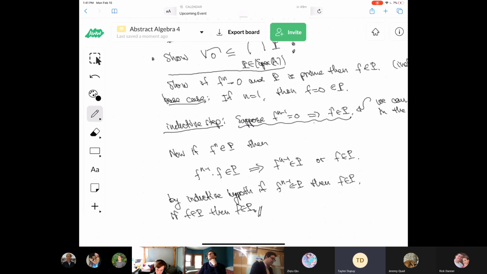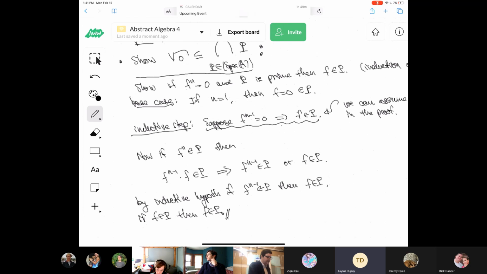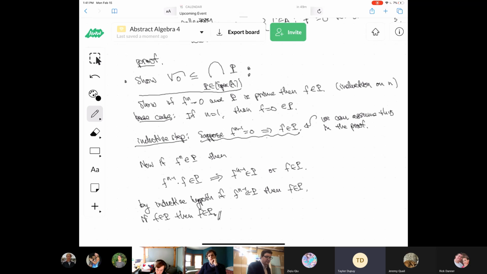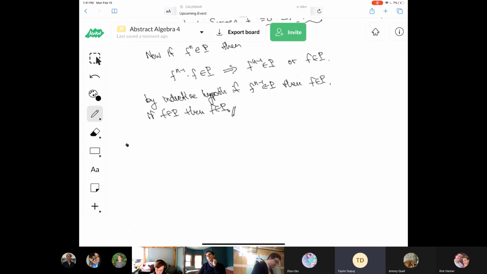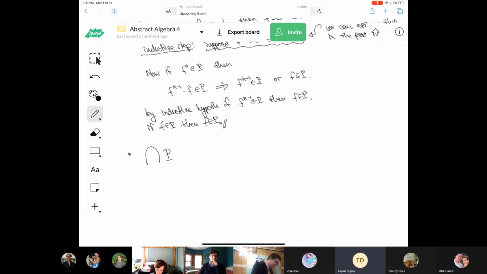Okay, so now we need to show the hard part. Here's what we did: we were showing that the nilradical is contained in the intersection of all prime ideals. So now we need to show the converse. We need to show that the intersection of all prime ideals p in Spec A is contained in the nilradical.